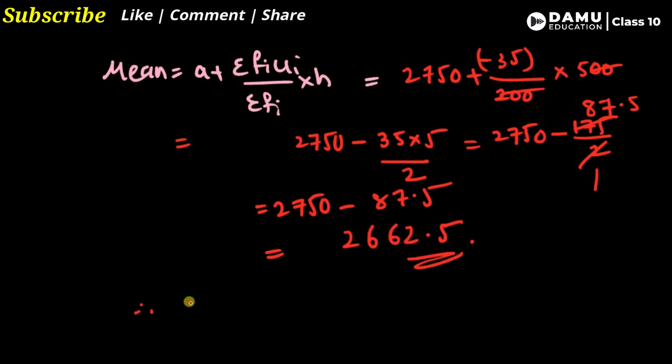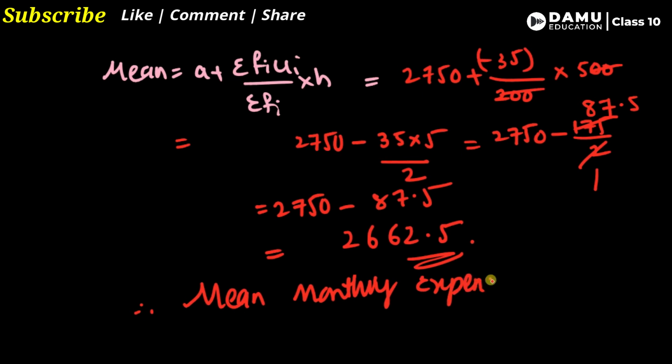Therefore, the mean monthly expenditure is 2662.5 rupees. Like this we have to find it.